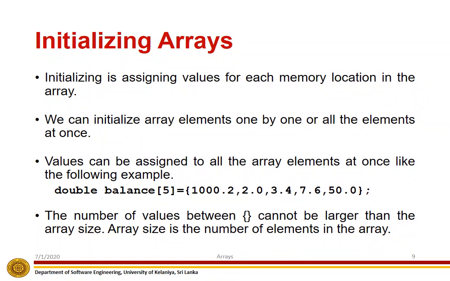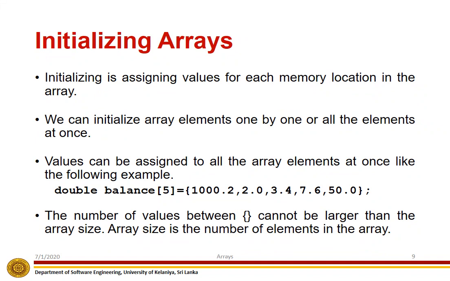First, we will look at how values can be assigned to all the array elements at once. You can see an example in the slide. Double balance 5. So the data type of the array is double and the array name is balance. Then inside the square brackets 5, so we can store 5 values for this array.